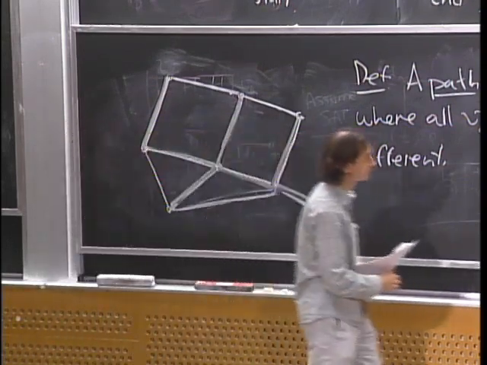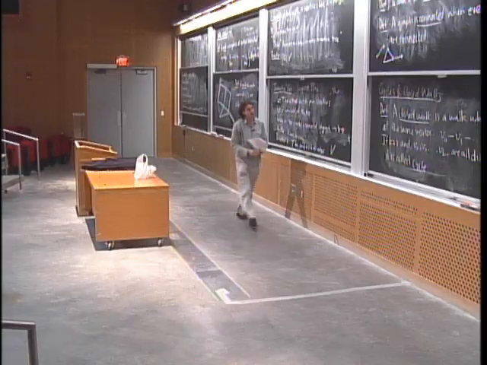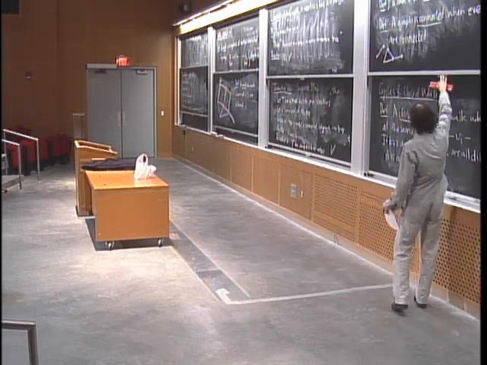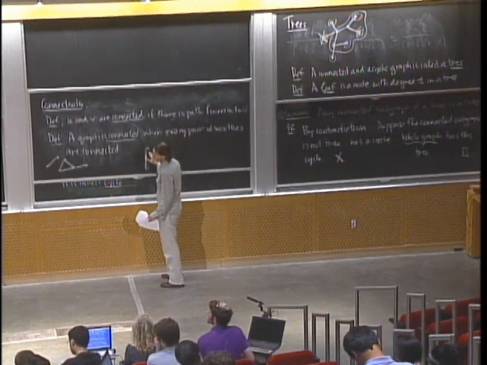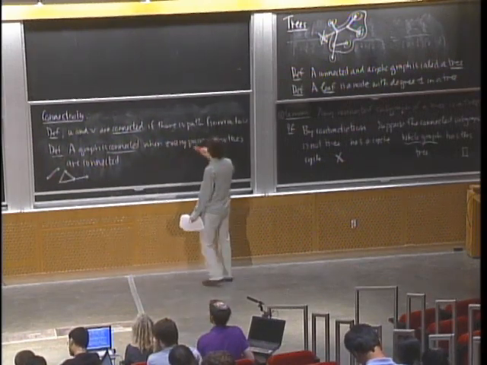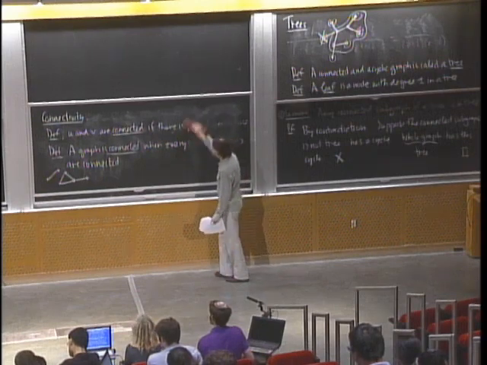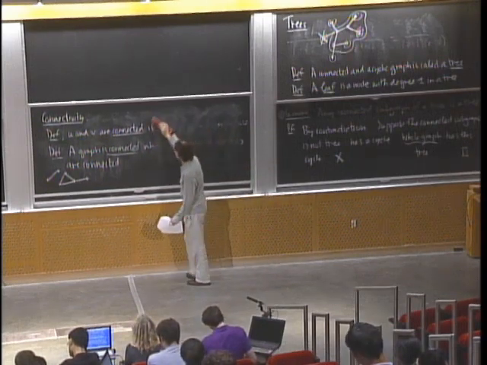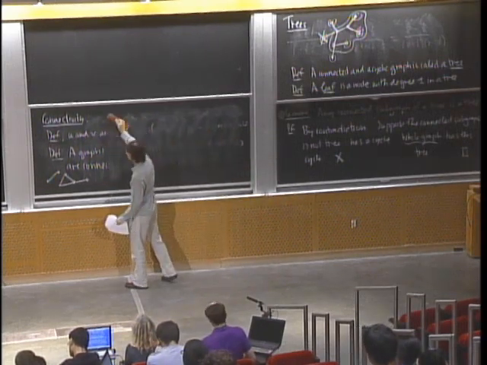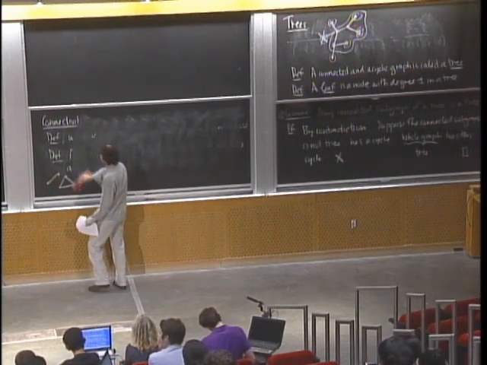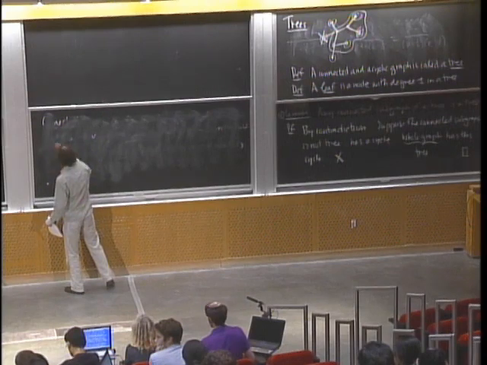So let's first define this, and then we will prove this theorem. And then after this, we're going to talk about weighted graphs. That will lead to minimum weight spanning trees. And then it gets really interesting because we want to figure out how we can actually construct those for any graph.